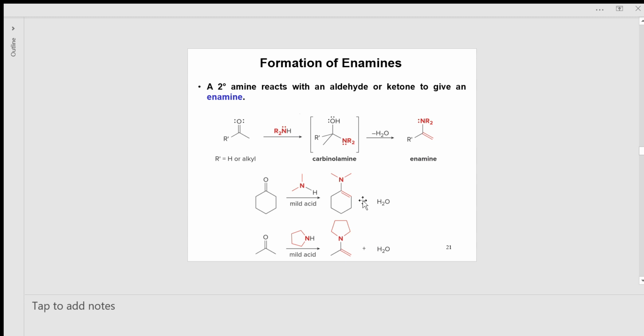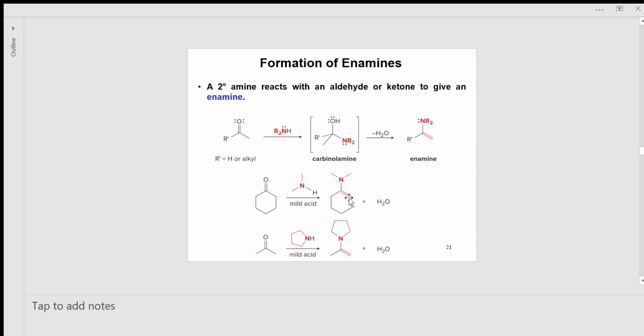So here we are going to form a new carbon-nitrogen bond from the carbonyl group and the nitrogen, and a carbon-carbon double bond. The first carbon is the carbonyl carbon. The second carbon is the alpha carbon of this carbonyl carbon.